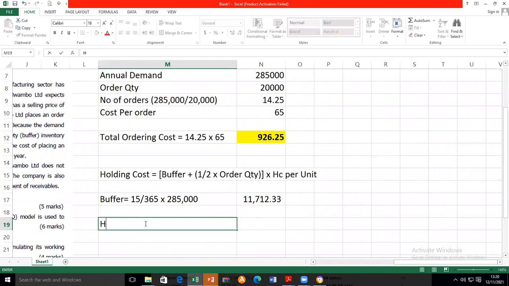So the holding cost equals 11,712 plus, multiply by.